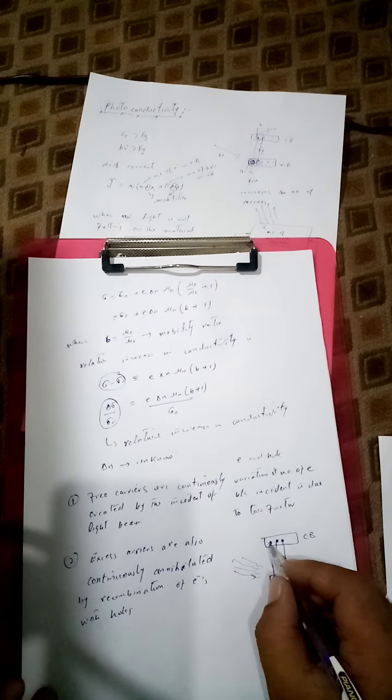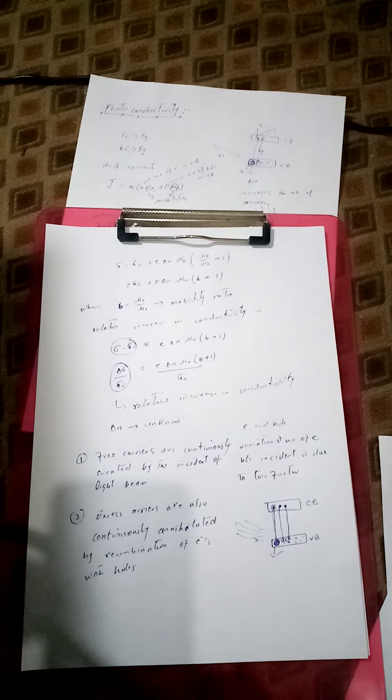It means that these electrons will jump back to the valence band. Once it jumps back, the electron is gone from the conduction band, and it also occupies the place of the hole, so the hole is also gone from the valence band. So excess carriers are continuously annihilated by the recombination of electrons with holes.